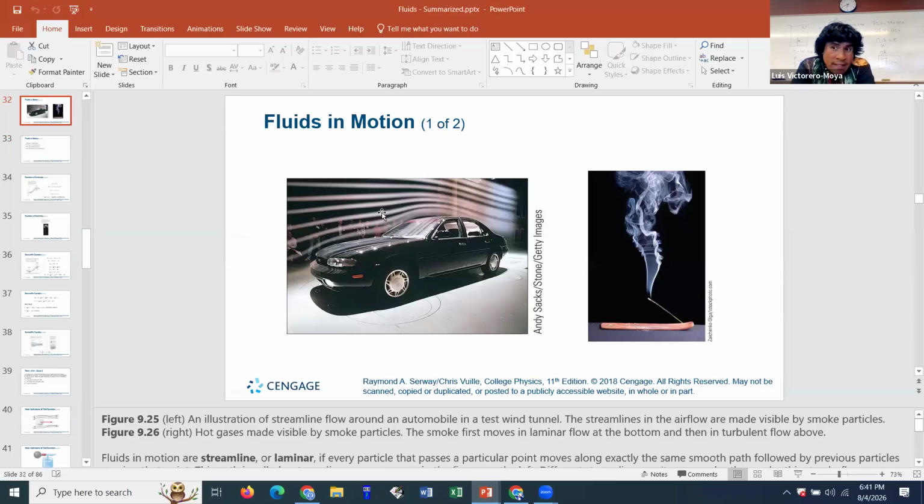So remember, I said that air can be considered to be a fluid. In fact, we're going to do a problem today of aeronautics, like a plane and the fluid and pressure difference in a wing, right? You probably have heard that the reason the wings are shaped the way they are is because of the fluid of air and the pressure difference on the top and the bottom of the wing.